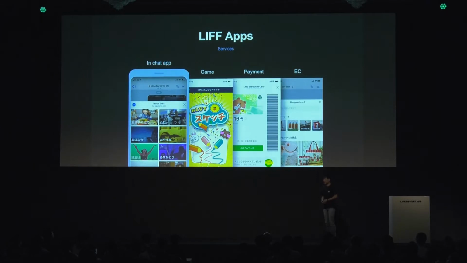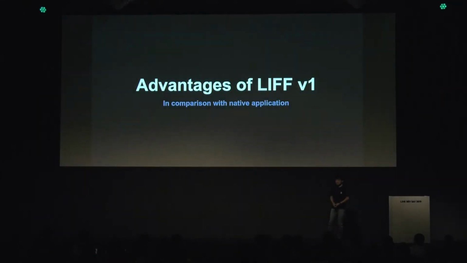And also, coffee shop card information can be displayed using LIFF. From that information, you can do charge using LINE Pay, and at the store, you can do the payment as well. Such a service is also provided. And in e-commerce, on chat amongst friends, you can recommend products that you searched for amongst your friends. That is a unique application using LIFF as well.